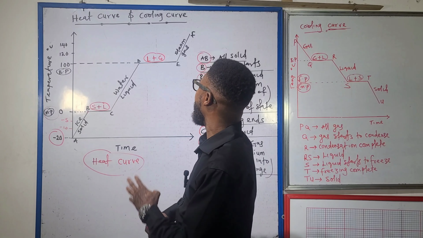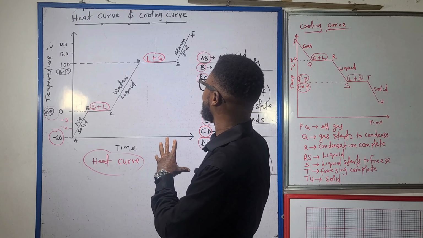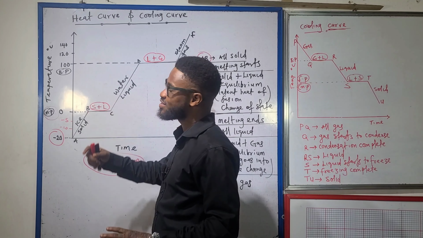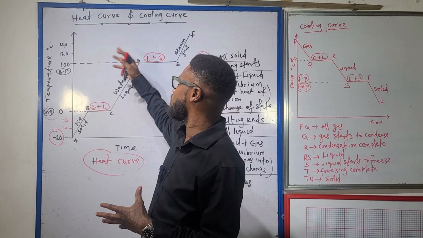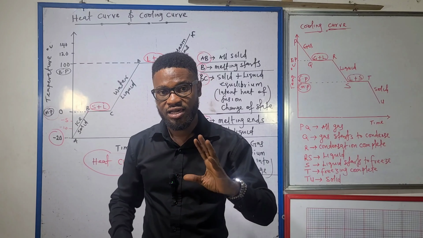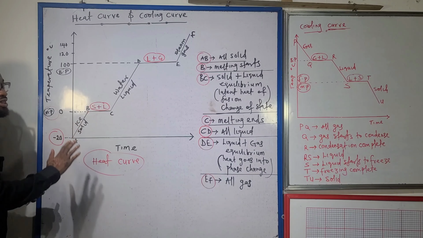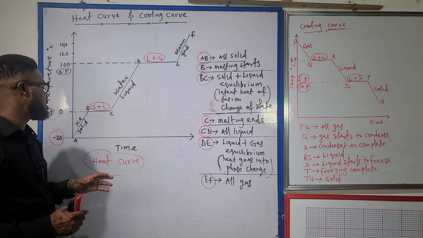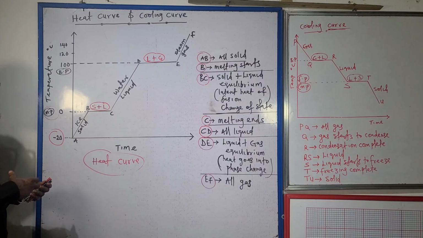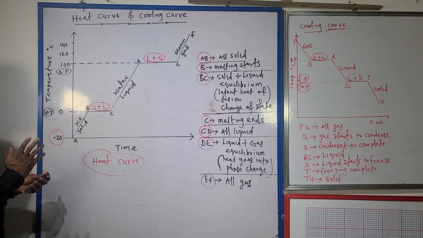We quickly look at the heat curve and cooling curve, as well as use this heat curve as criteria for purity of a substance. So let us assume that we have ice, which is a solid at minus 20 degrees Celsius, and then suddenly we begin to heat.